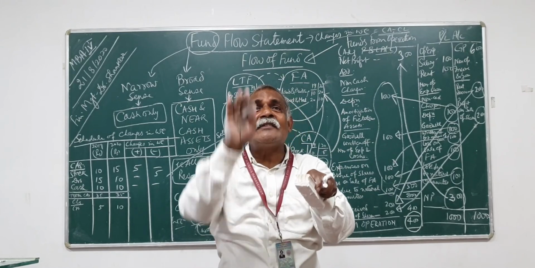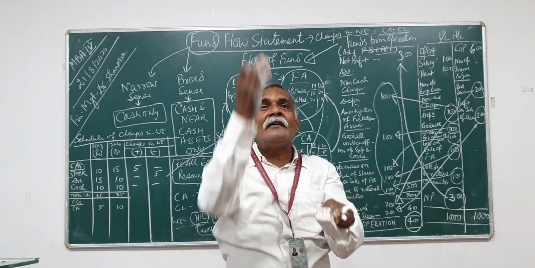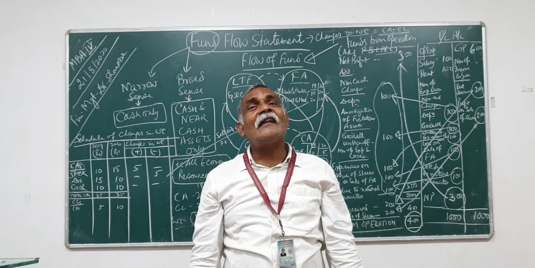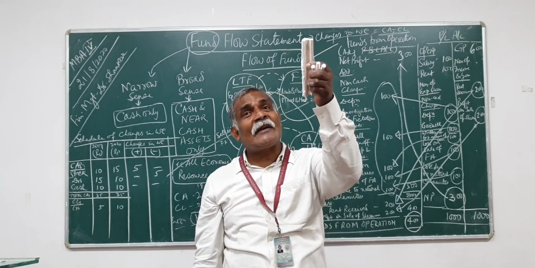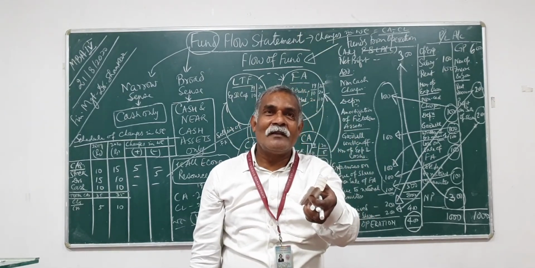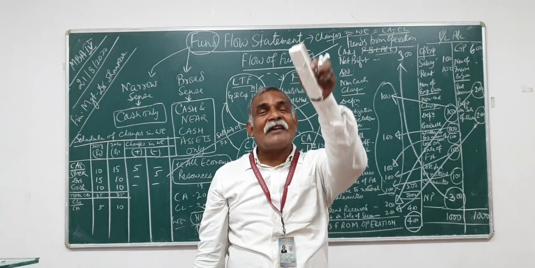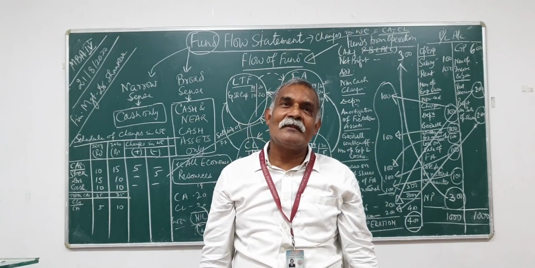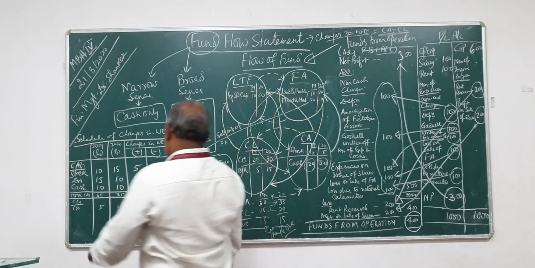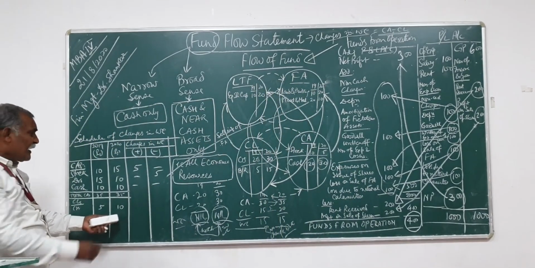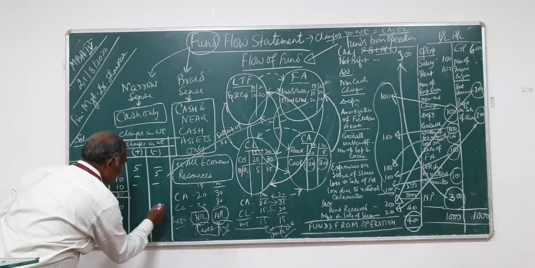If the current liability is decreasing, working capital will increase. अगर करंट लायबिलिटीज इंक्रीज कर जाए, बढ़ जाएगा, तो वर्किंग कैपिटल डिक्रीज कर जाएगा, उल्टा. और करंट लायबिलिटीज अगर डिक्रीज करेगा तो वर्किंग कैपिटल बढ़ जाएगा. So what happens here? Because current liabilities is increasing, working capital will decrease by 5.